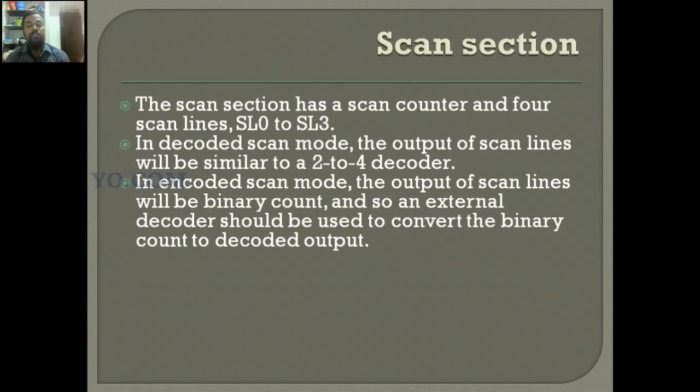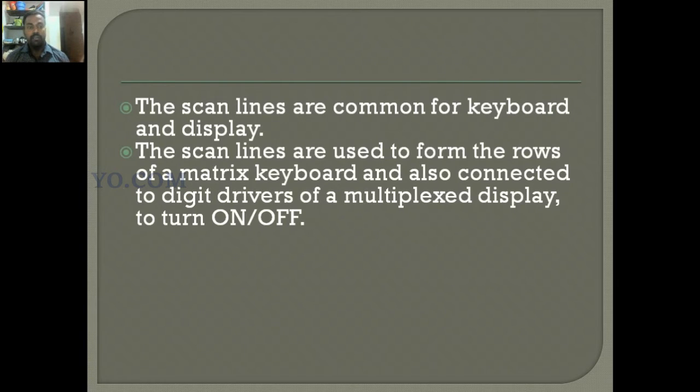In encoded scan mode, it does not act as a decoder, so the output scan lines will be a binary count, that is binary values. So an external decoder should be used to convert the binary count to decoded output. Okay, so that is the scan section. The scan lines are common for keyboard and display.